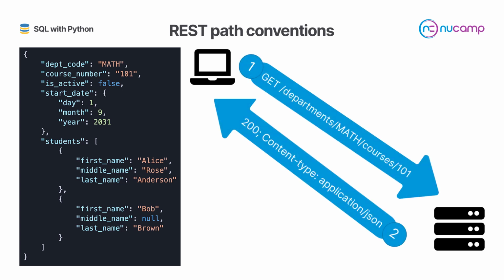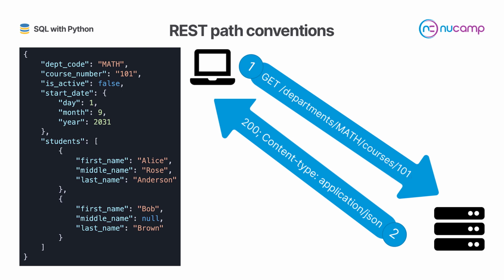An appropriate endpoint for our example would instead be /departments/math/courses/101, where departments and courses are names of collections. To target a specific resource within a collection, a unique ID may follow the collection name. In this case, math identifies a particular department, and 101 identifies a particular course.